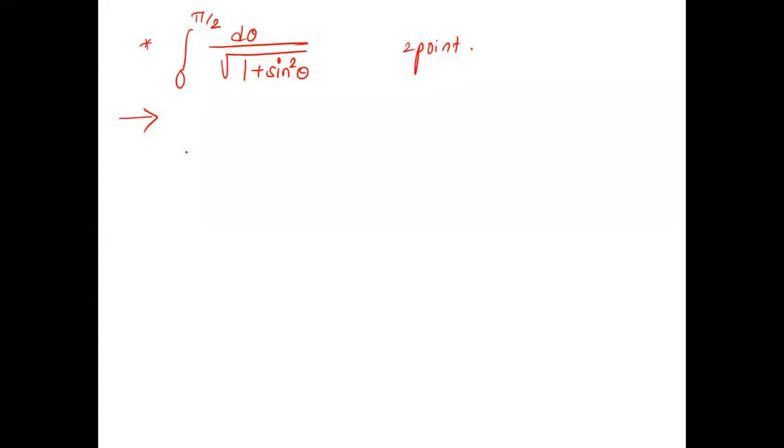Okay, in this question, the problem is while you put this as f of theta, right? We have to write one as function that is 1 upon root 1 plus sine square theta. A is 0, B is pi by 2. 2-point we know. What is the formula? 2-point.